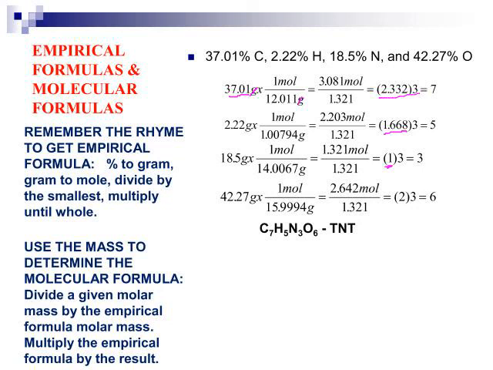Well, think about fractions. 0.33 is a third, 0.67 is 2/3, so we can multiply by 3, and whatever we do to one thing, you have to do to all things involved. So we multiplied everything by 3, and we got 7 carbons, 5 hydrogens, 3 nitrogens, and 6 oxygens, which is this formula right here. And just for giggle's sake, that's actually the formula for TNT.